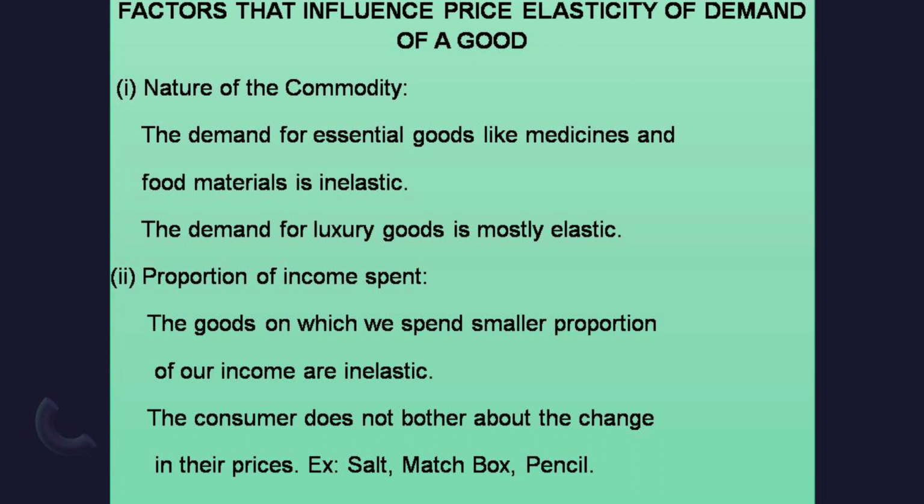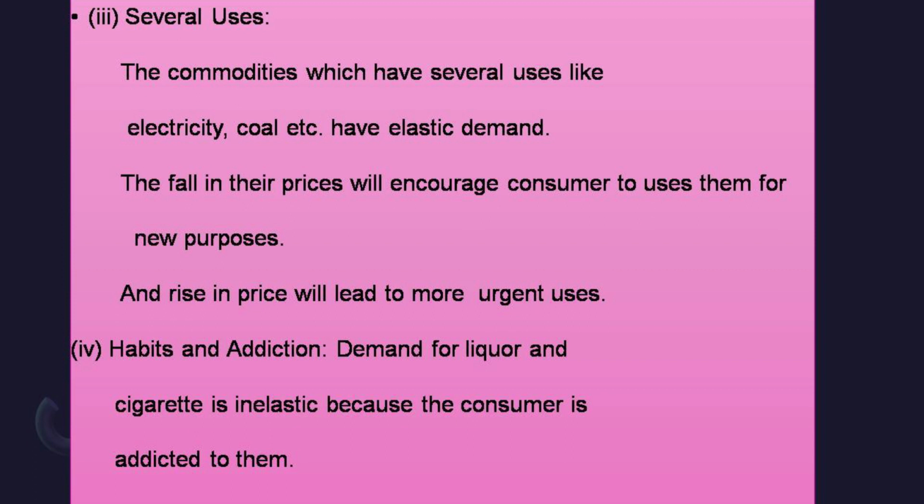Moving on to the next. Next is several uses. The commodities which have several uses, like electricity, coal, etc., have elastic demand. Any change in price will encourage the consumer to use them for new purposes. If the price falls from 30 to 20, definitely we are going to use that more frequently.